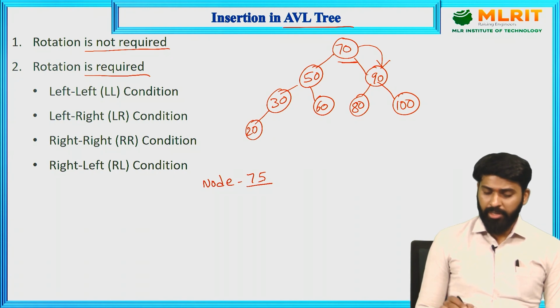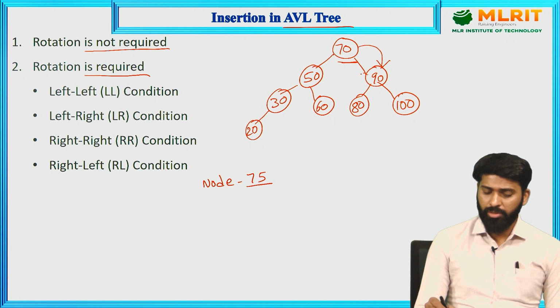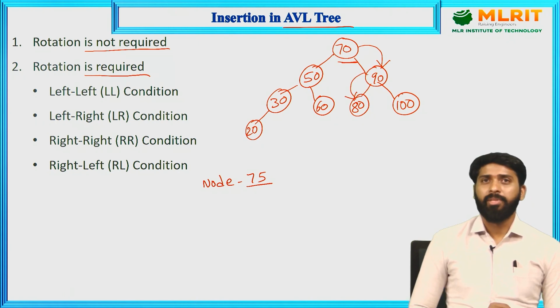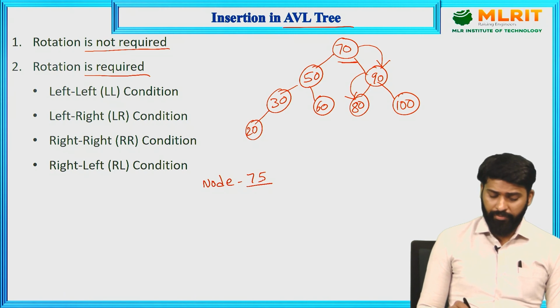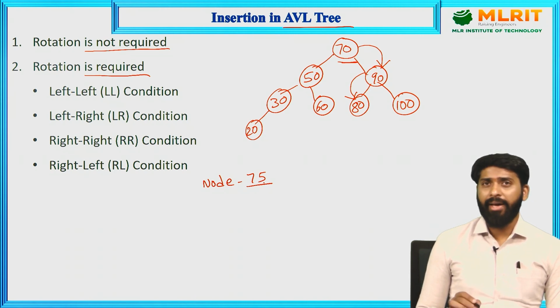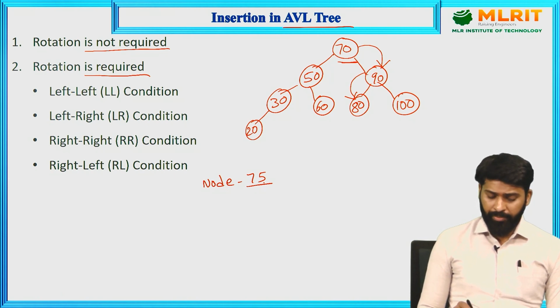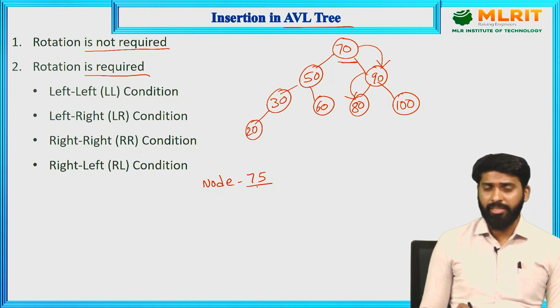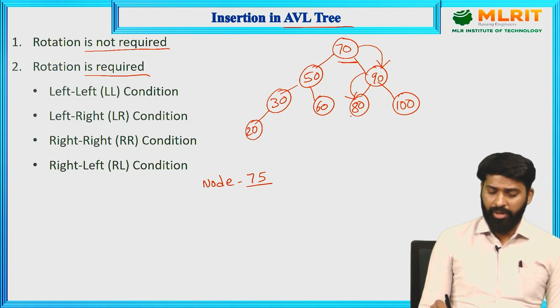Now compare 75 with 90. 75 is less than 90, so traverse to left side. Now 80, so compare 75 with 80. Yes, 75 is less than 80, so we insert the 75 as a left child of 80. Here the 75 is less than 80, so insert 75 as left of 80.